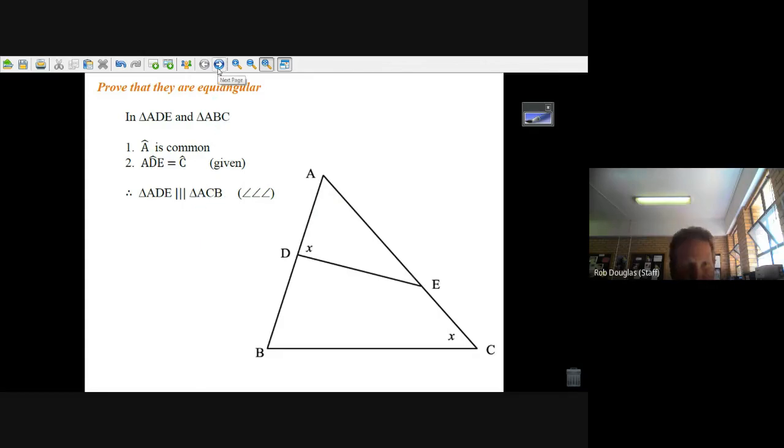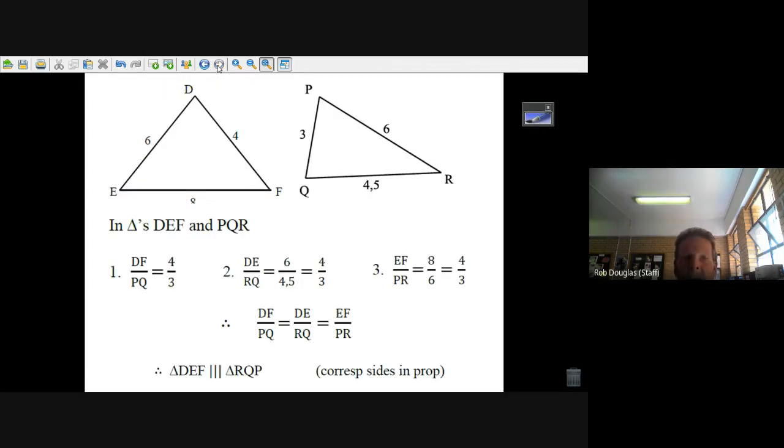Well, I guess we could prove that two triangles are equiangular, similar, if we could show that their sides are proportional. Well, what if you just had all these numbers on all these sides? Well, you know what you could do. If you saw the pattern, I would go, hey, this 4 over 3, that's the same fraction as 8 over 6.